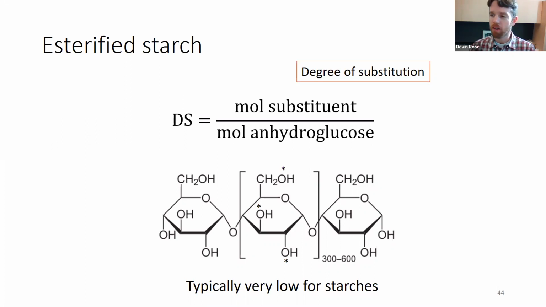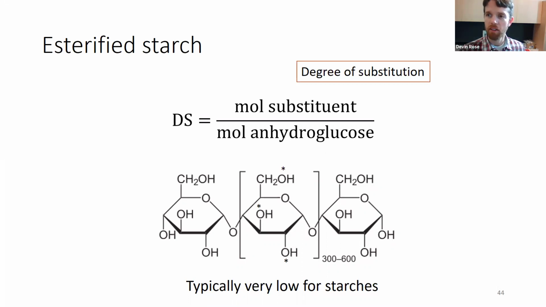So if we just round that to 0.1, so we can do easy math, if we have a degree of substitution of 0.1, that means that 1 glucose unit for every 10 has that modified substituent on it. But the maximum for acetylated starch would be 0.09.